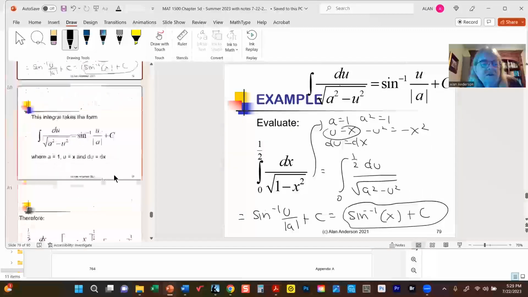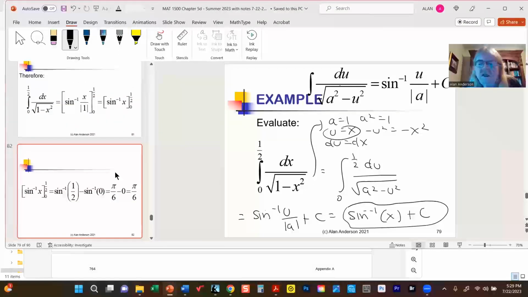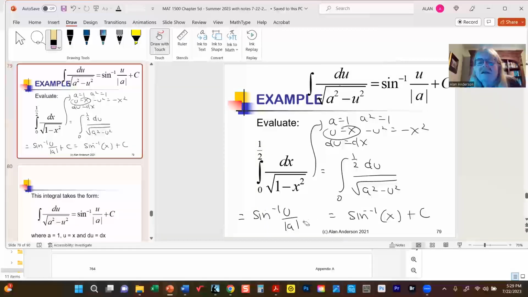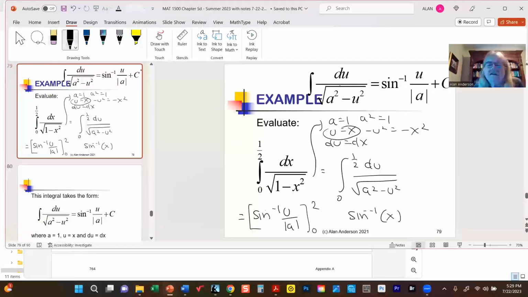Well, that was easy. Oh, I just realized, you know what? I was so excited to show it to you, I forgot that this is a definite integral. So we still have to evaluate it. Oops. All right. Let's get rid of that C. Yeah, that was kind of important.